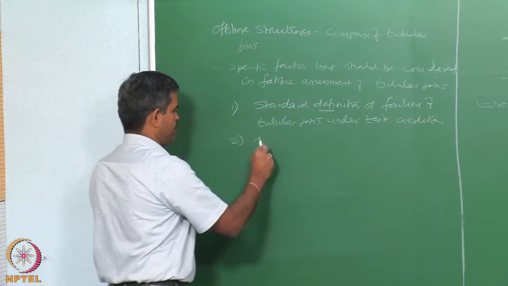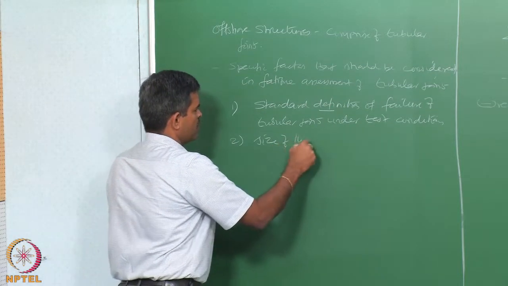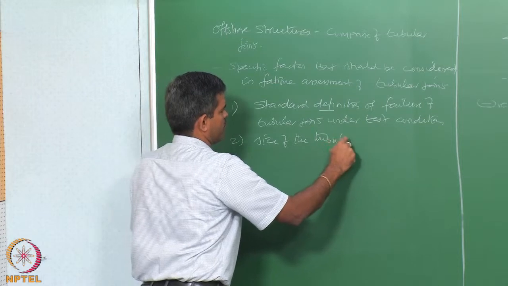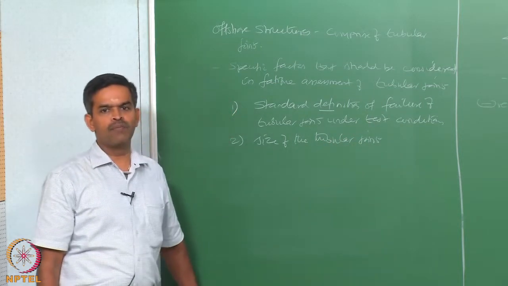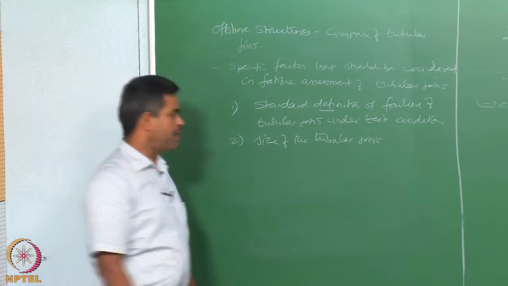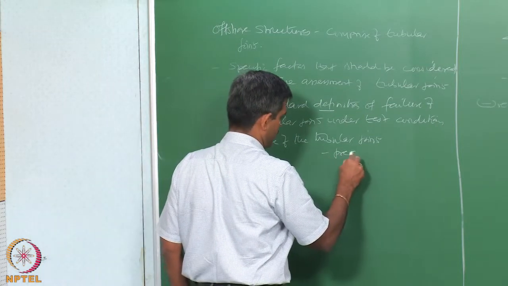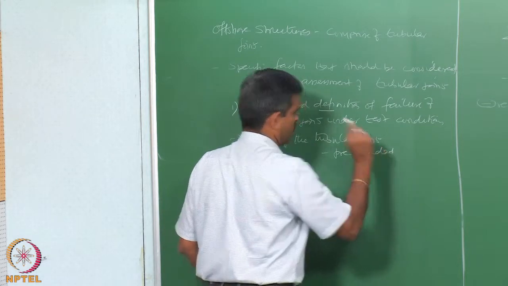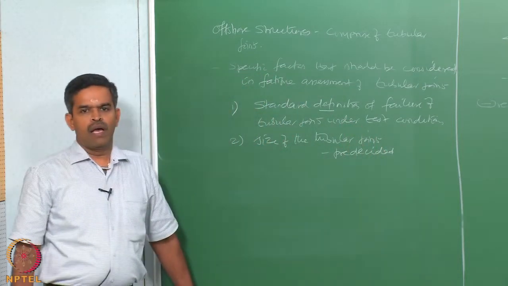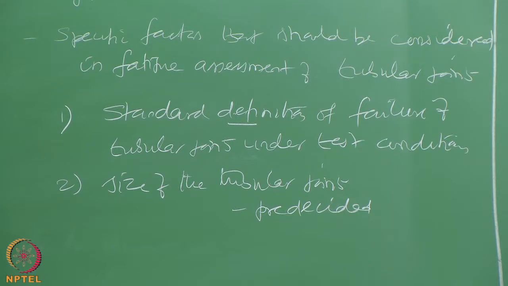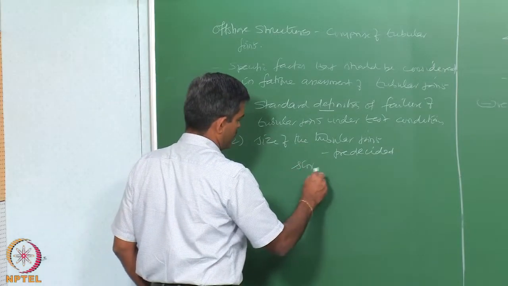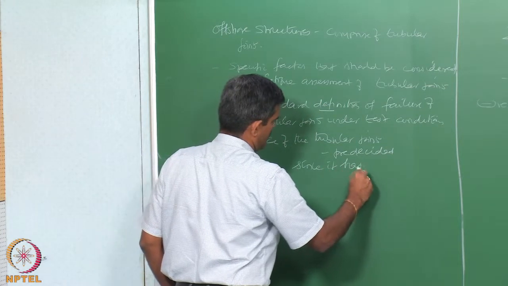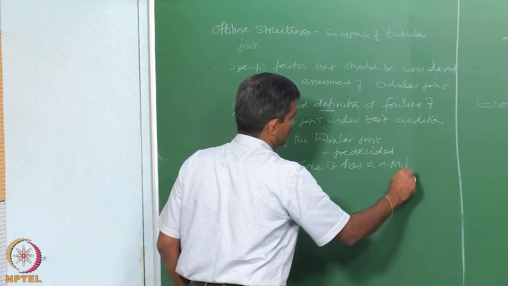Secondly, the size of the tubular joints. The size of the tubular joints plays a very important role, and that should be pre-decided, as the size has a very significant effect on the fatigue strength.